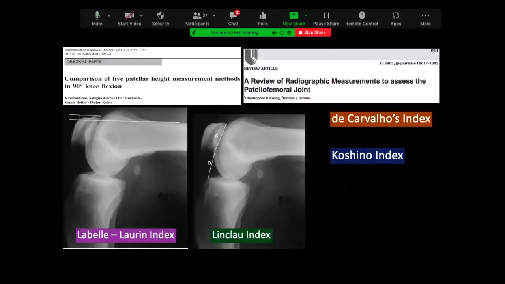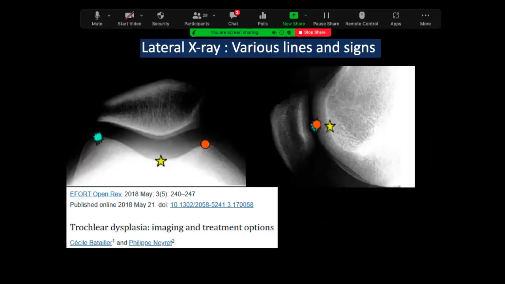And others are the Labelle-Laurin index, Lying-Law index, de Carvalho index, Pochino index. These are all for academic interest, which I will not be discussing today. Another very important thing is the various lines and signs. This is very important to know about trochlear dysplasia and patellar instability.